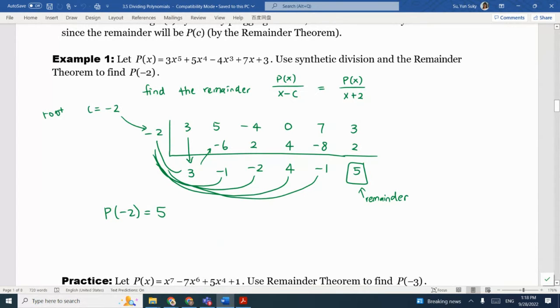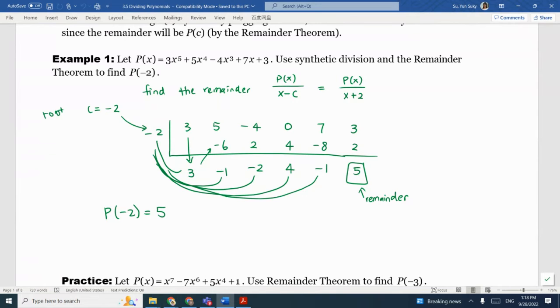We write the root on the left, and then we write the coefficients from the highest power to the constant. So 3, 5, -4. Because there is no x squared, we put 0 here, and then 7, 3. So make sure you have all the powers. If you miss some power, put the 0 there. Is that clear, everybody?